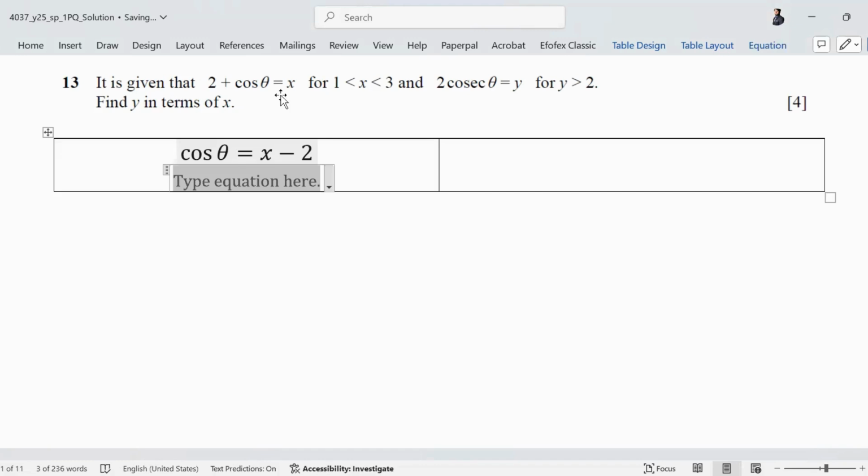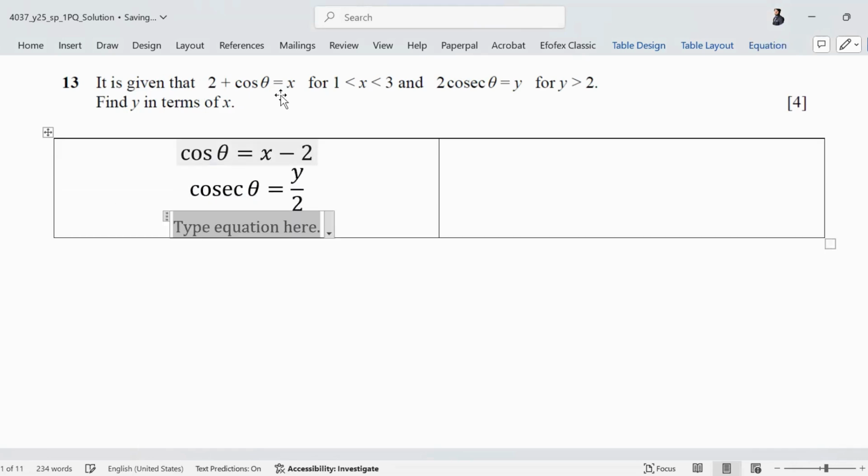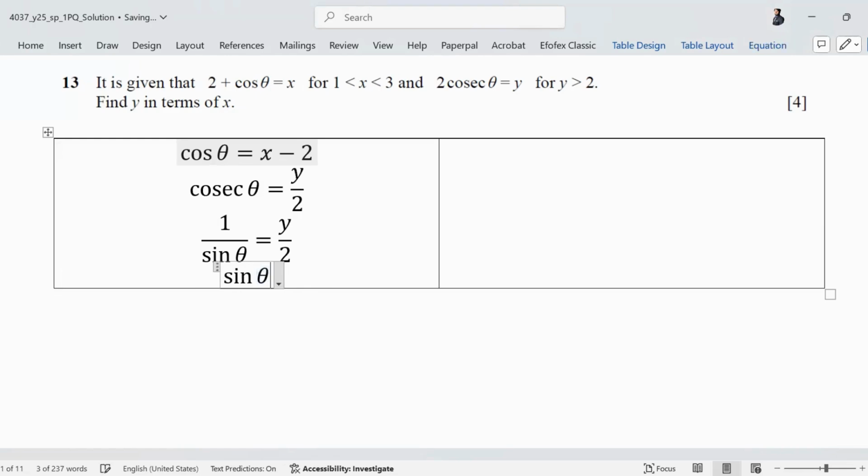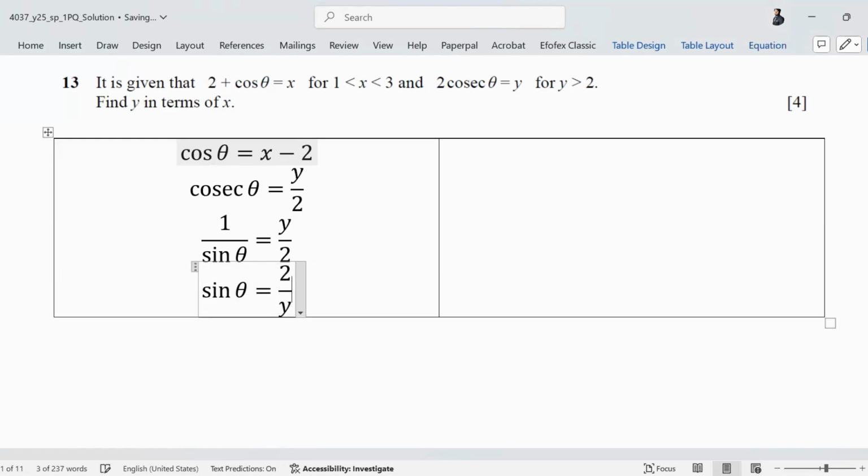And 2 cosec theta is y. So I can say cosec theta will be y upon 2. Converting them into the very basic equations, cosec is 1 upon sine. So 1 upon sine theta will be y upon 2. And sine theta will be 2 upon y.